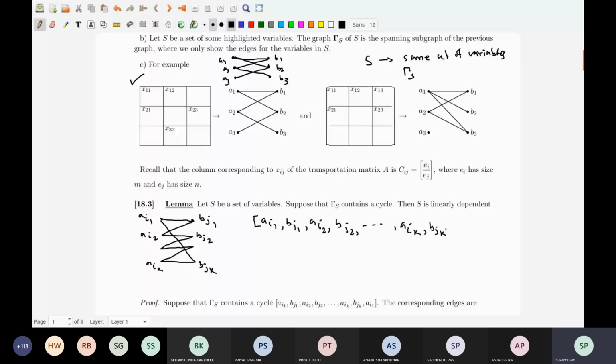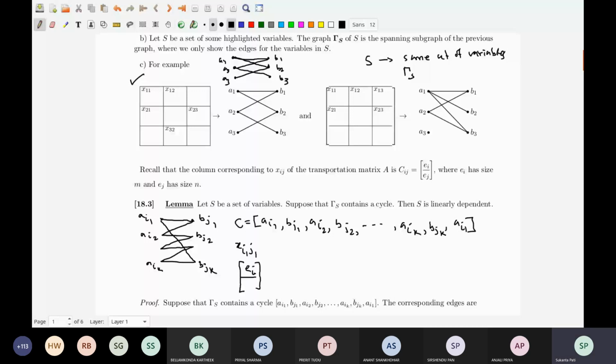Now, what are the edges that I took? First I took XI1J1. XI1J1 corresponds to what column? The column would be of the form EI1 by EJ1.